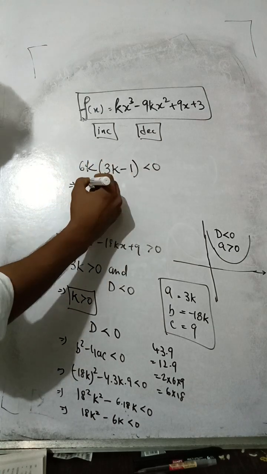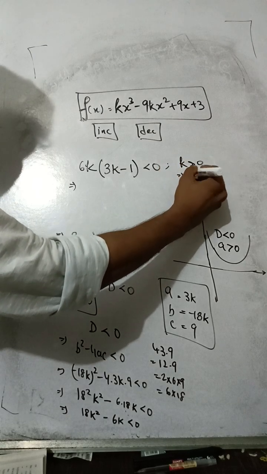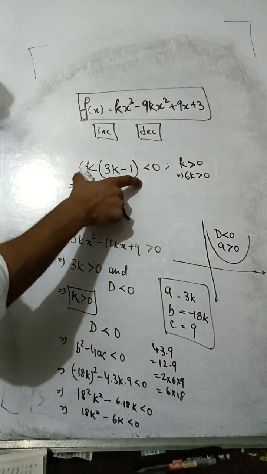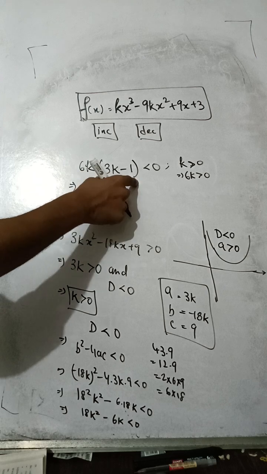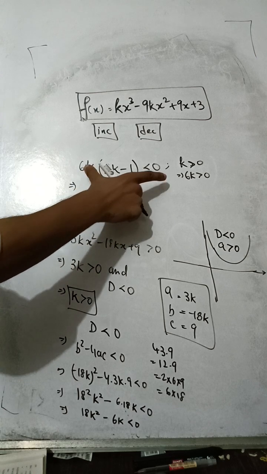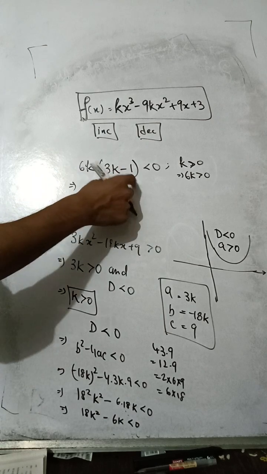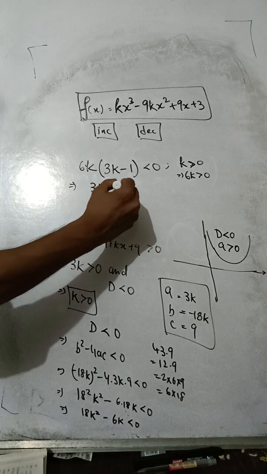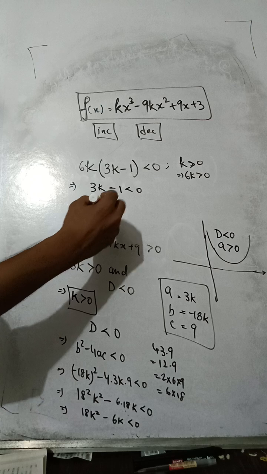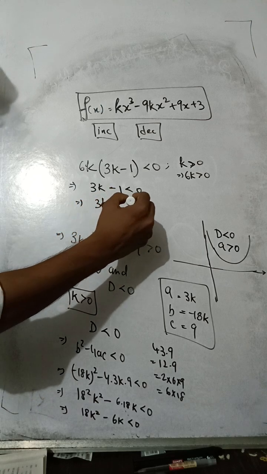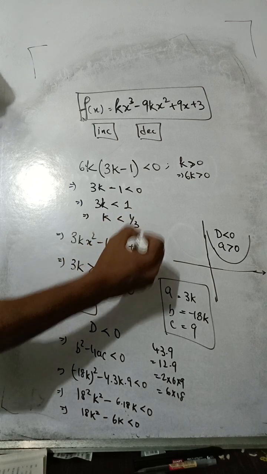Since this entire thing is negative and 6k is positive, this factor 3k minus 1 must be negative. So finally 3k must be less than 1, which means k must be less than 1/3.